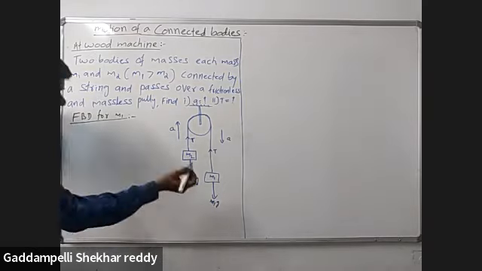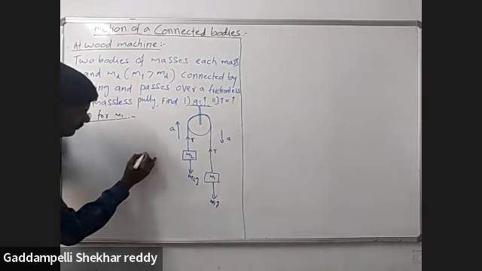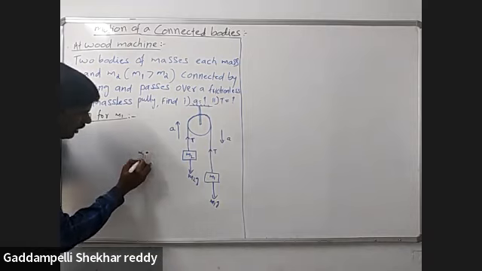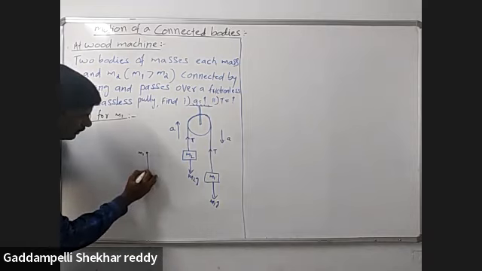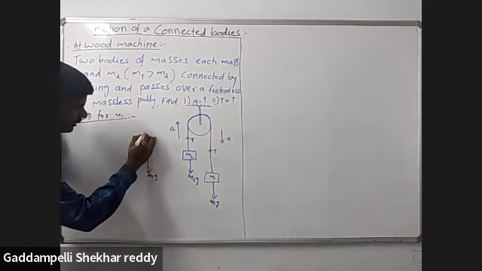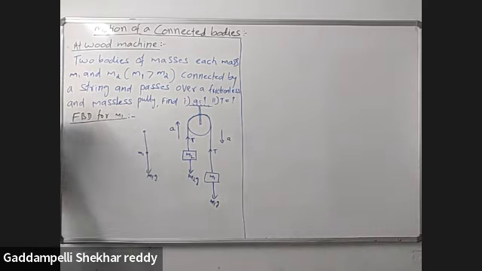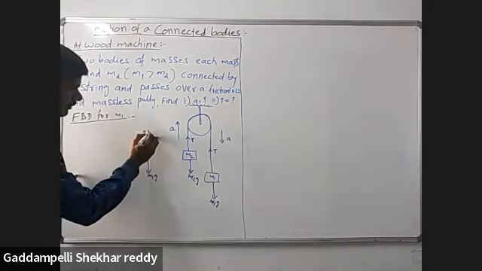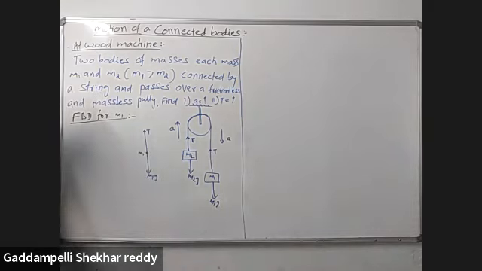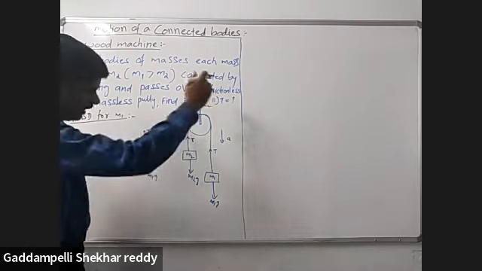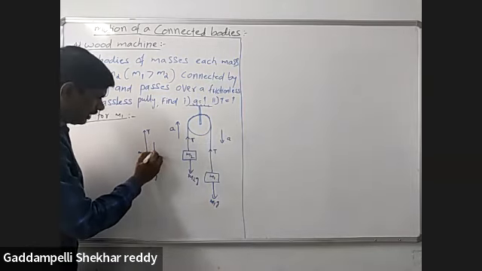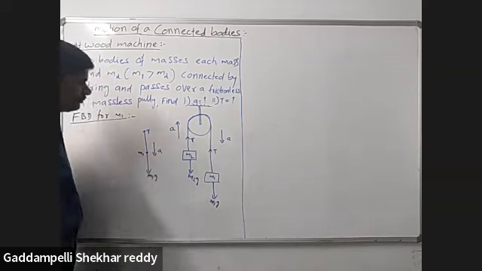Now m1 is isolated from the system, and the mass m1 is taken as a point mass. Weight acts in the downward direction and tension in the upward direction. What is the acceleration? The acceleration is in the downward direction, which means there is a resultant force.